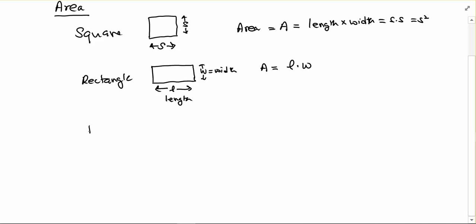Area of a triangle. So let me draw a triangle. So there's my triangle. Now the area of a triangle is found by finding this height here. That height there is called the height of the triangle.